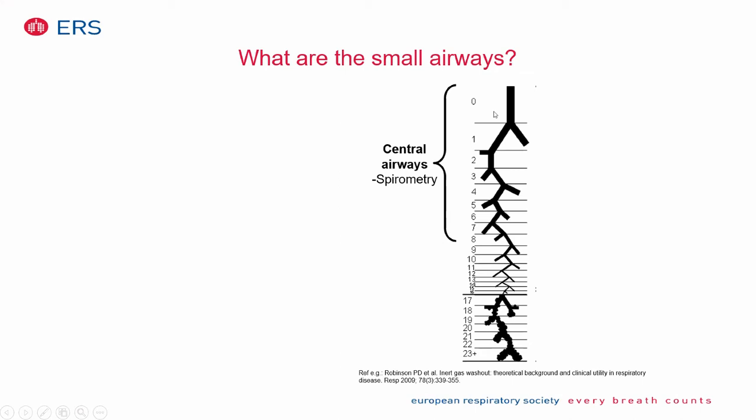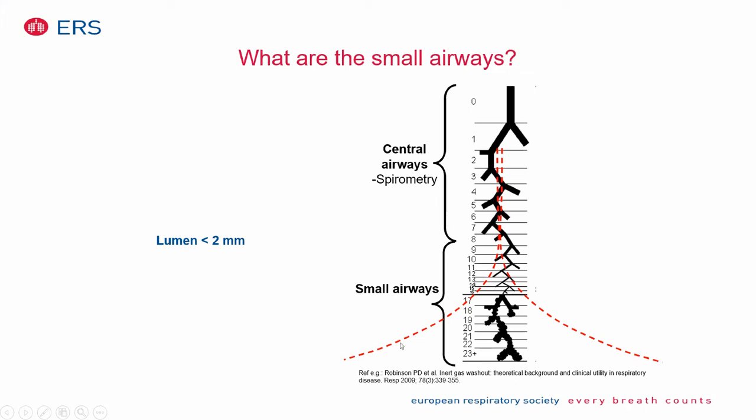Only the generations 0 to 8 are reflected by spirometry, and then you have the remaining small airways up to generation 23, which are the small airways. And the area of the small airways is much bigger than the area of the large airways. It's like a trumpet, and that explains this comparison between the towel and the tennis court.